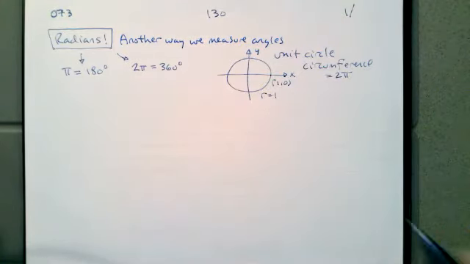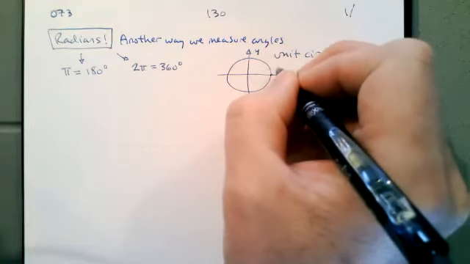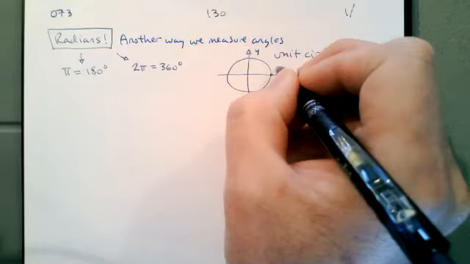So the circumference is 2 pi, and then going all the way around the circle, this is the angle, this is 0 degrees.